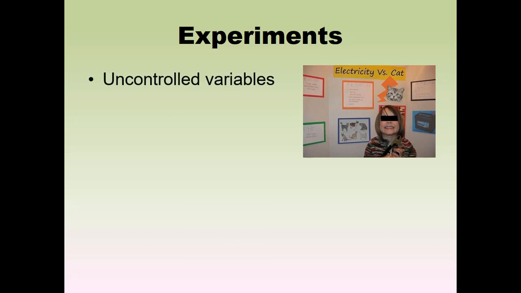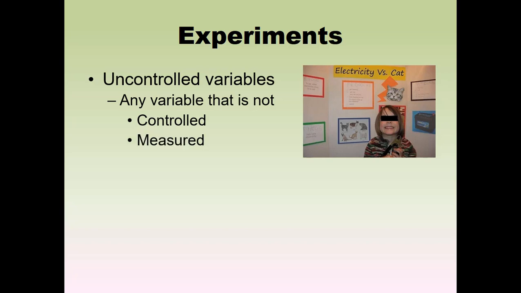Now, in addition to independent and dependent variables, we also have uncontrolled variables. And this is really the problematic one. This is any variable in an experiment that's either not controlled or not measured.